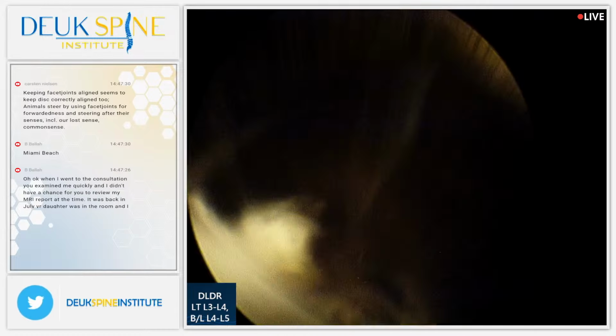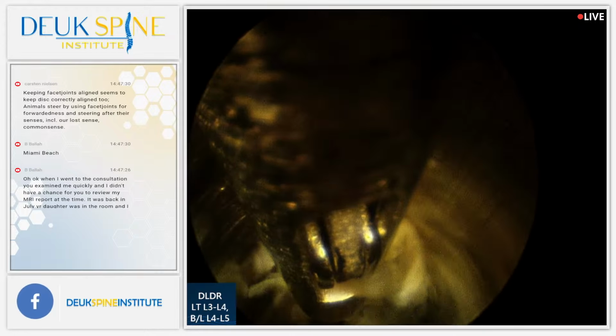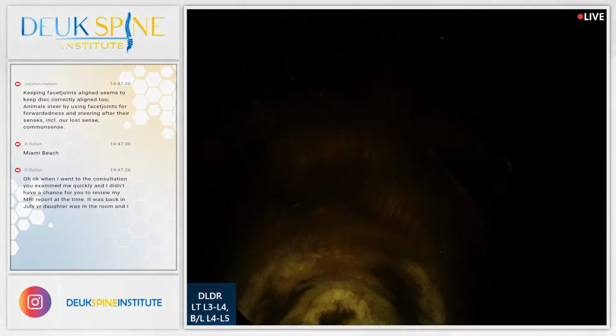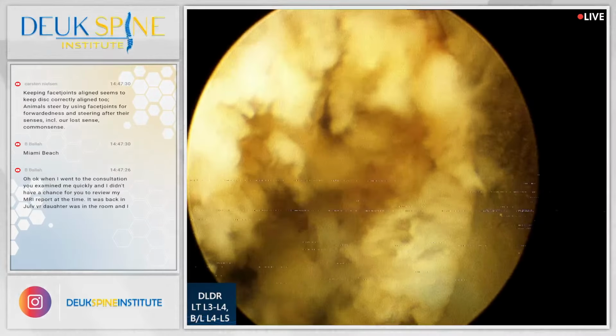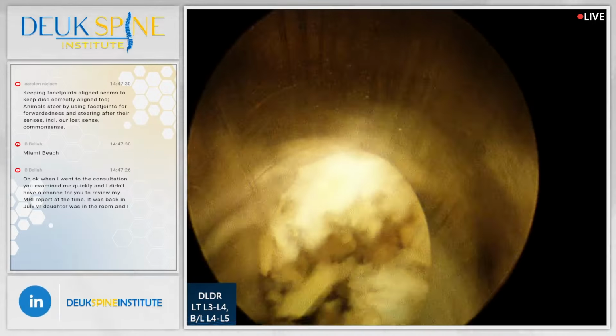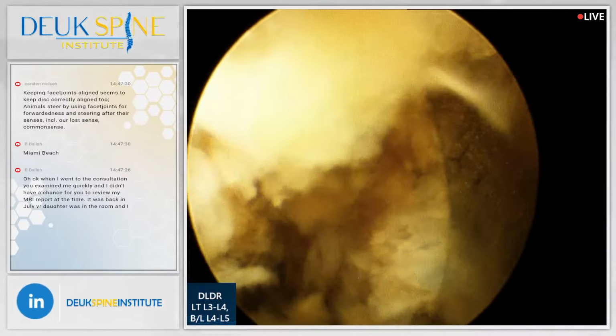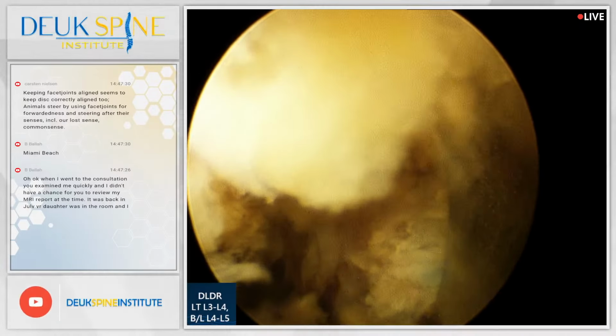Well, what does that mean? It means that the height of the disc is collapsing, shrinking from top down. And you get changes in the bone, the end plates above and below the disc, the superior and inferior end plate. You get what are called Modic changes in the end plates, which is edema, pitting, irregularity.